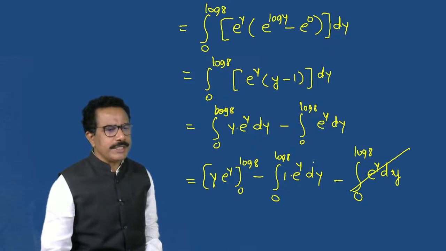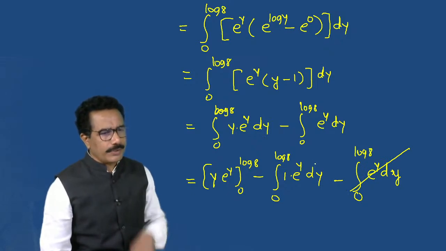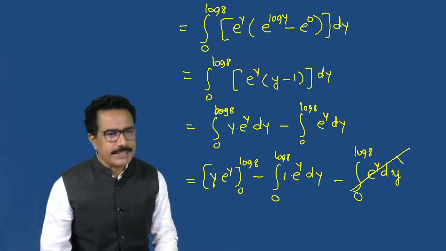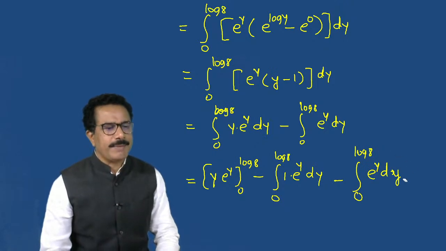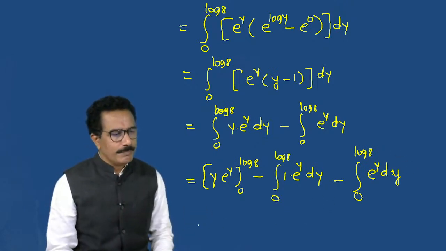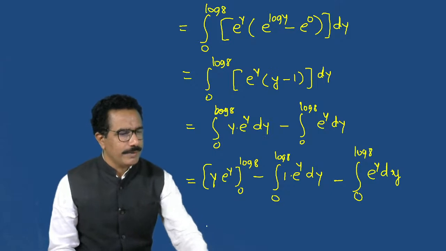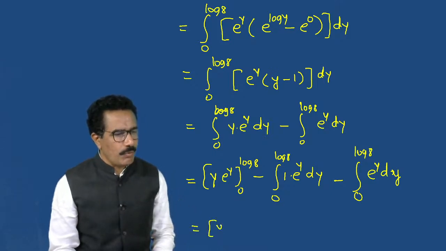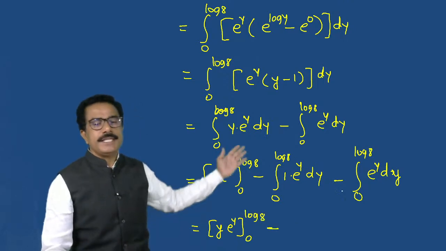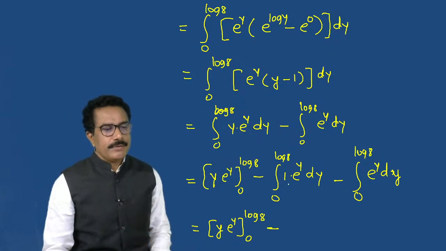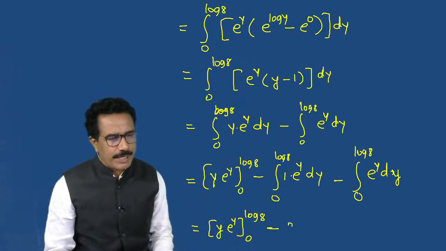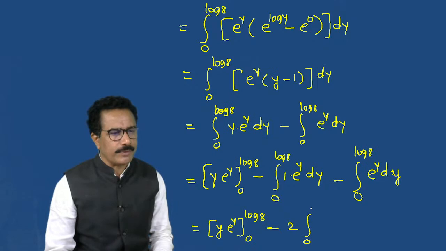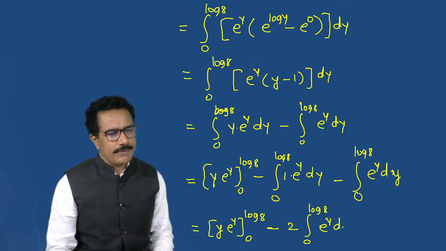So these two, one minus, okay, so we can write this as 1 minus. Minus minus means you can write 2, so you can put this as y e raised to y over 0 to log 8 minus, these are the same integral, 1 into e raised to y means e raised to y, 2 times the integral from 0 to log 8 e raised to y dy.